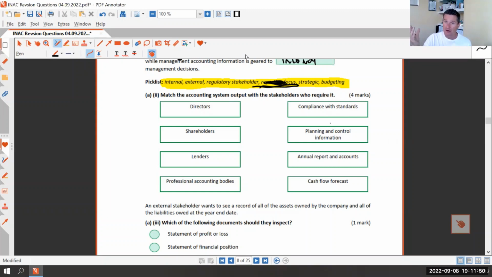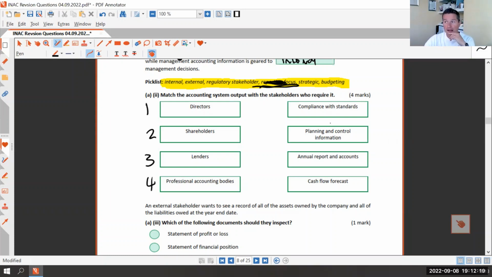Now, if I'm being honest, I think this question is back to front. We've been given the directors on the left and the accounting system output on the right. So we'll match the accounting system on the right to the people who want it. So who wants an accounting system output that complies with the standards, out of 1, 2, 3, and 4?